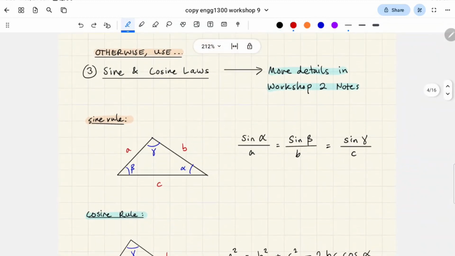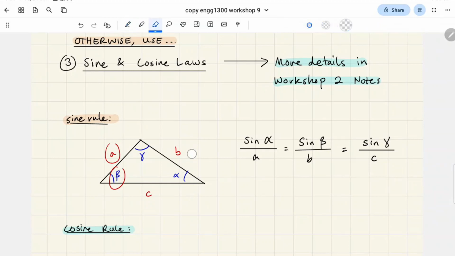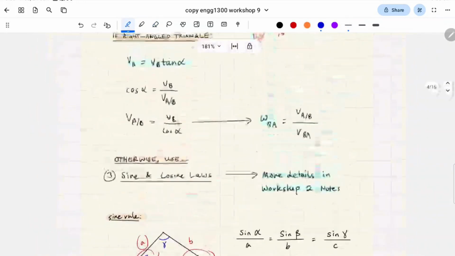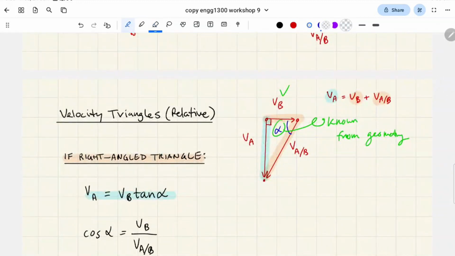To quickly recap, sine law is useful when you know A and alpha, and you know beta. Then you can work out B, and B would be one of these, pretty much, for a non-right angle triangle.